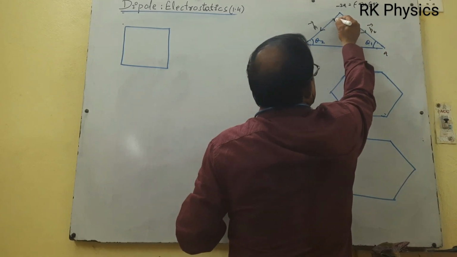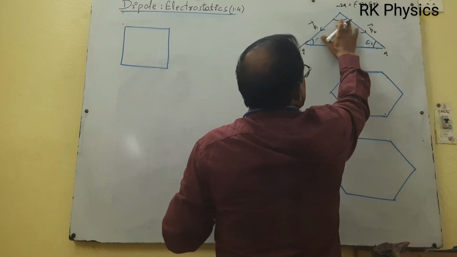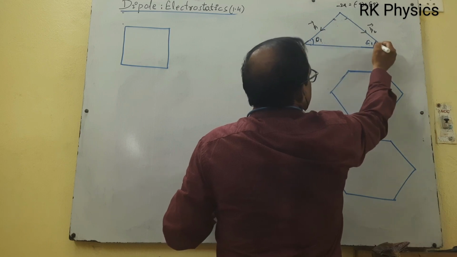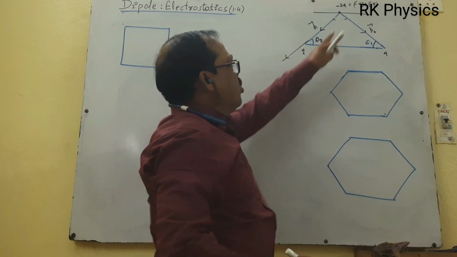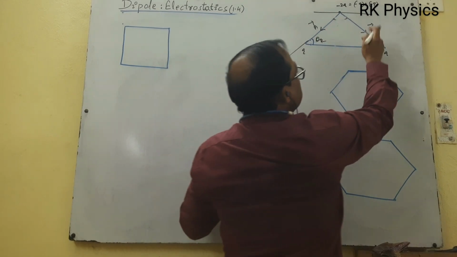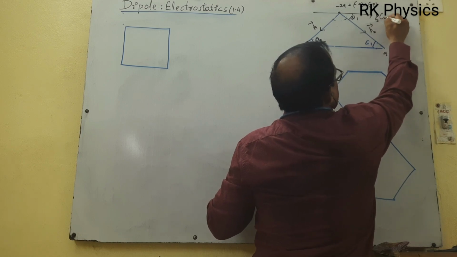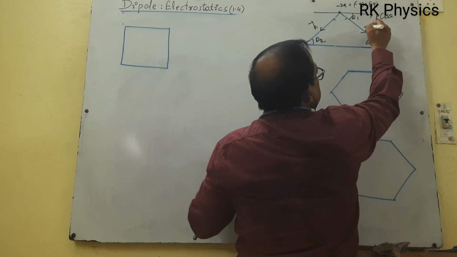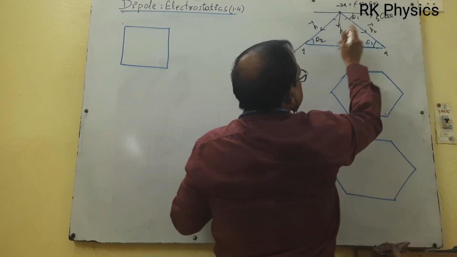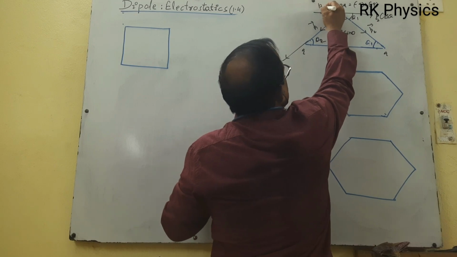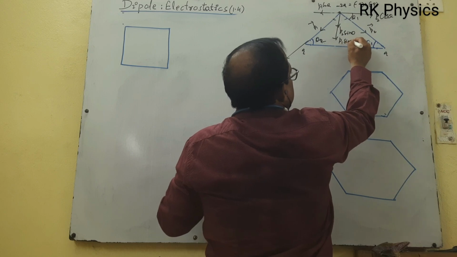If this angle is, suppose, 2 theta, I am taking, you should not take these angles, or you take this as theta 1 and theta 2. You consider this point as origin. Draw a parallel line. If this is theta 1, this is theta 1, so P2 can be resolved into components. This is P2 cos, along this direction is P2 sin. If you resolve P1, this is P1 cos, along this direction is P1 sin.